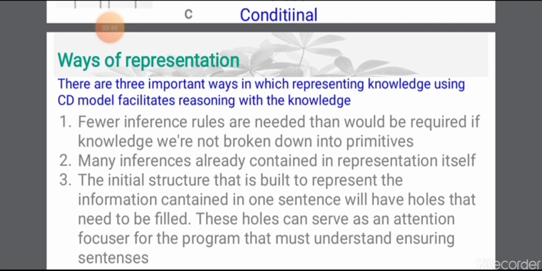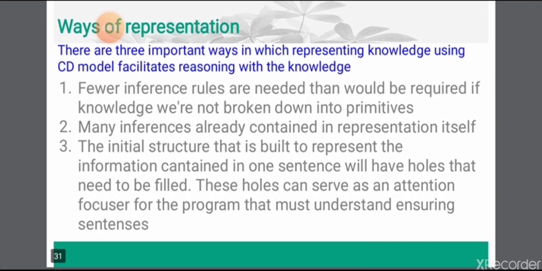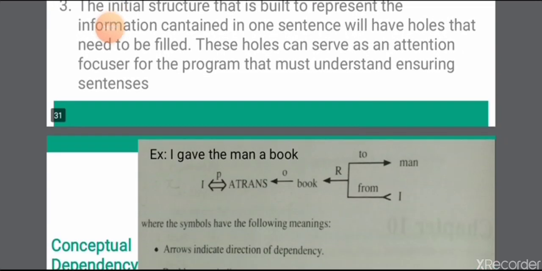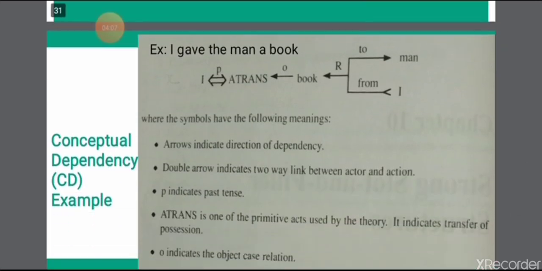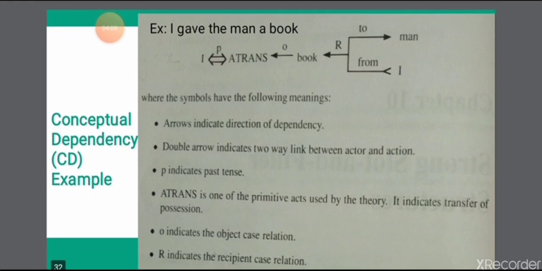Okay, these holes will help your knowledge to be understood. These are the ways to represent conceptual dependency. Now we have one example for it.